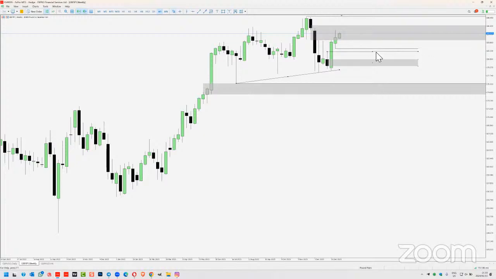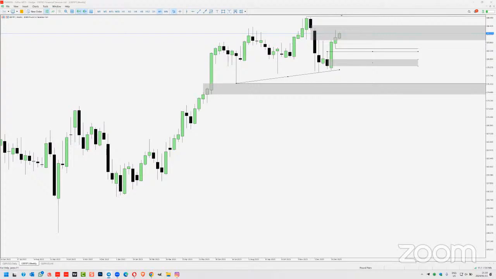That's why it's high probability. It's accompanied with a fair value gap that makes it a high probability.